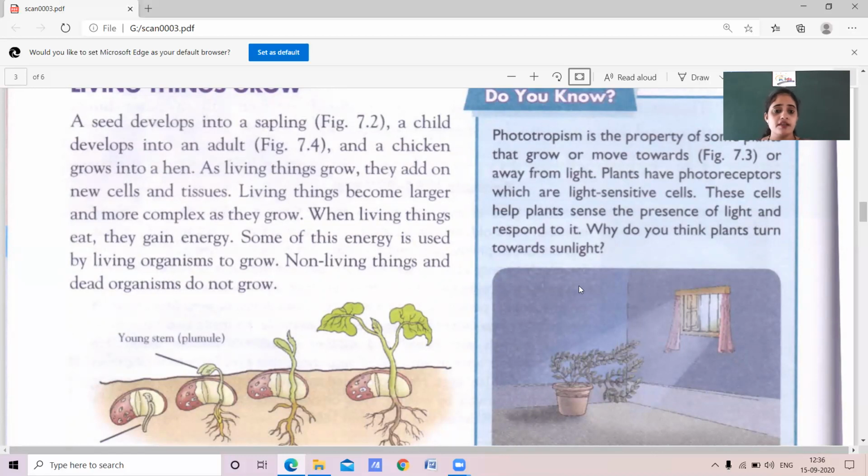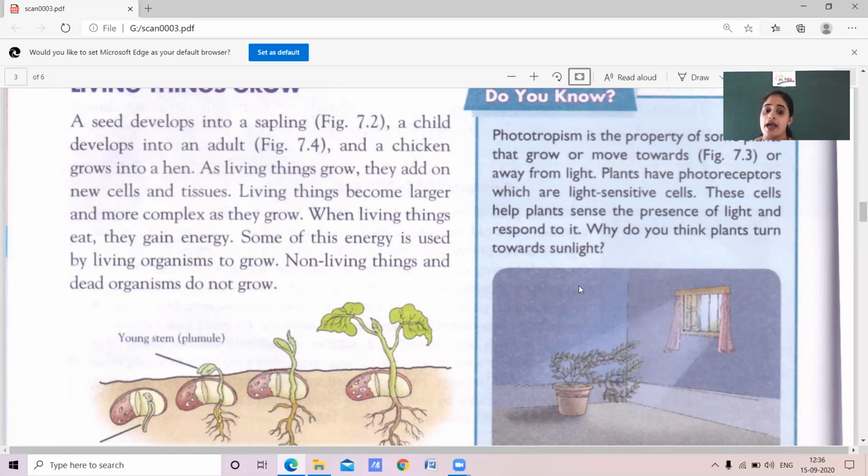In the beginning, the seed, and then afterwards, growth takes place. It develops into a sapling, a young plant or young tree. In the beginning, a child; then, when gradual changes take place, you become an adult. A chicken, after growth, becomes a hen.